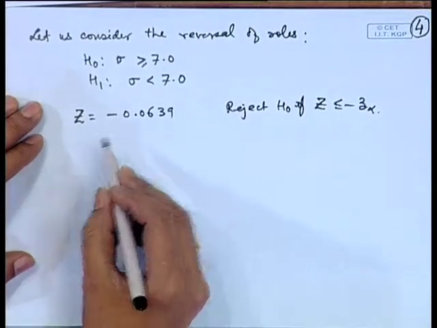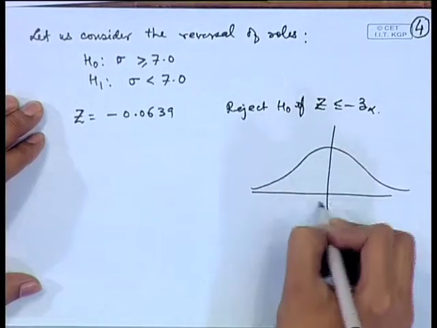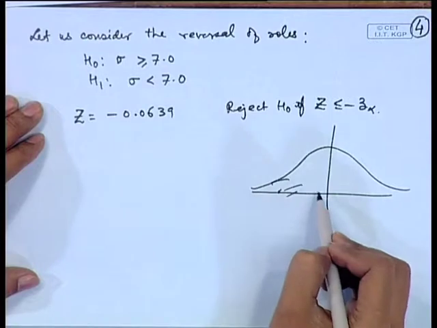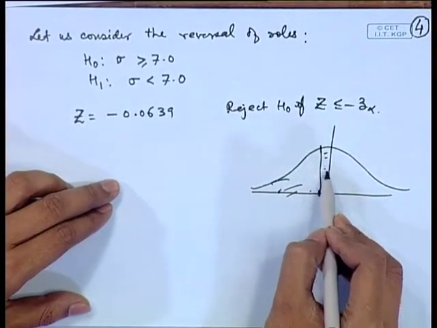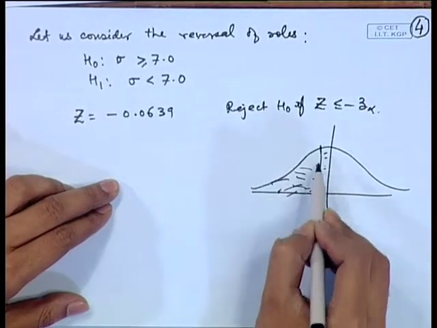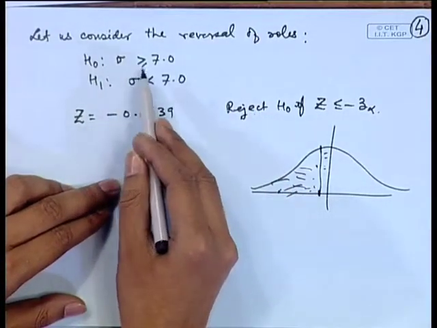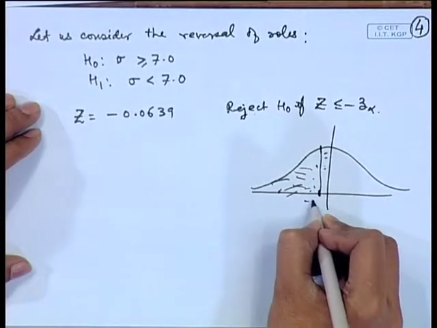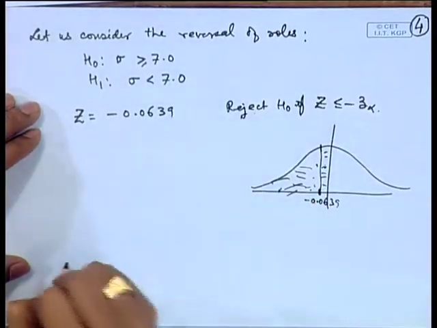You can see for any reasonable level of significance, because these are the negative values, z equal to minus 0.06 is somewhere here, that means there is a very small probability above this. So, for a large value of alpha, H naught cannot be rejected, because this value 0.0639 is much higher.